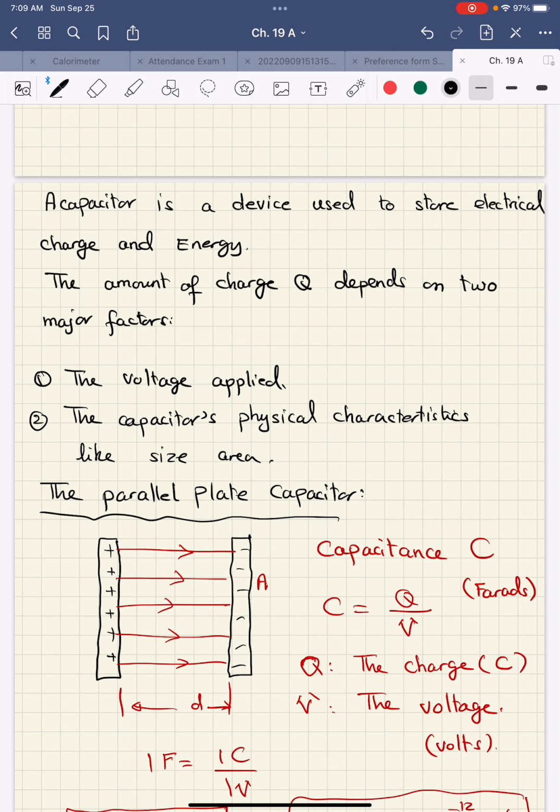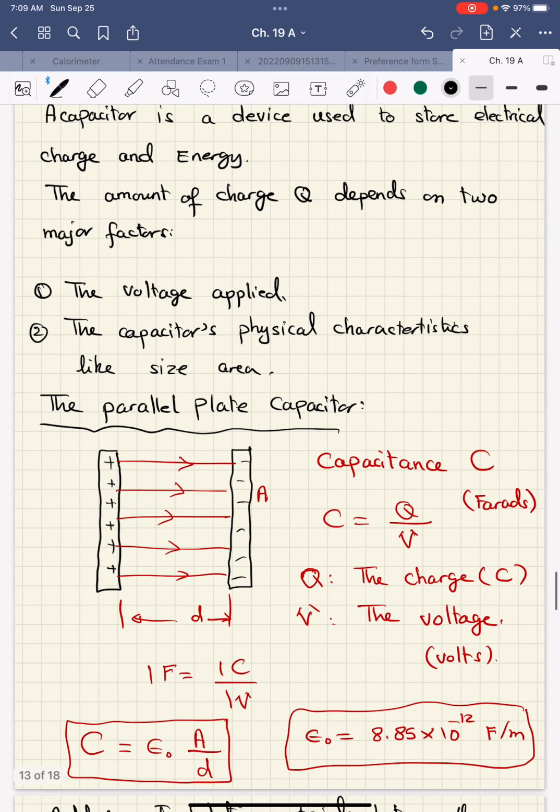The amount of charge that we can actually store depends on two major factors. One of them is the voltage applied, and the other one is the capacitor's physical characteristics like size and area. We are going to talk about these in a little bit.